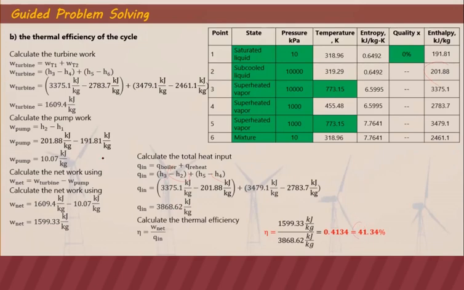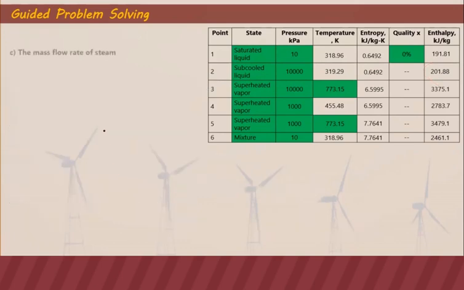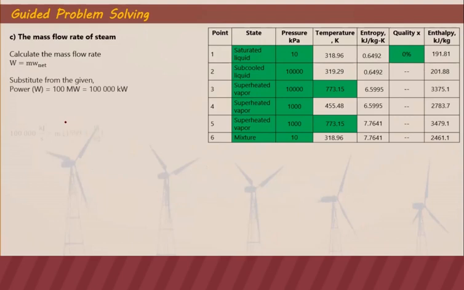So the ideal cycle is actually greater. For the mass flow rate, we can still use the same formula, and the work net for this problem is 1599.33. That's why our mass flow rate is actually smaller, 62.52 kilograms per second.